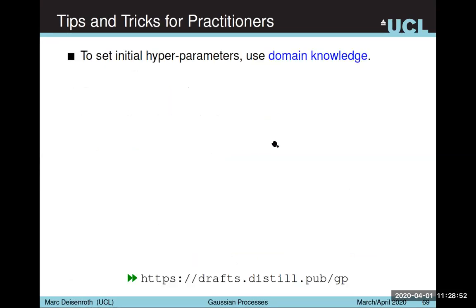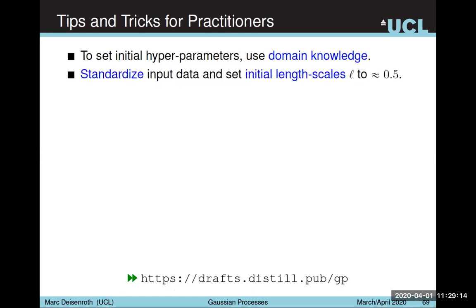So here are some tips and tricks that you can use, and again, I think we summarized this on the website as well. You can use domain knowledge to set initial hyperparameters. That means if you have an idea of what your length scale parameter could be, you can initialize the hyperparameter to some meaningful value. You could standardize the input data and then set the initial length scales to about 0.5.